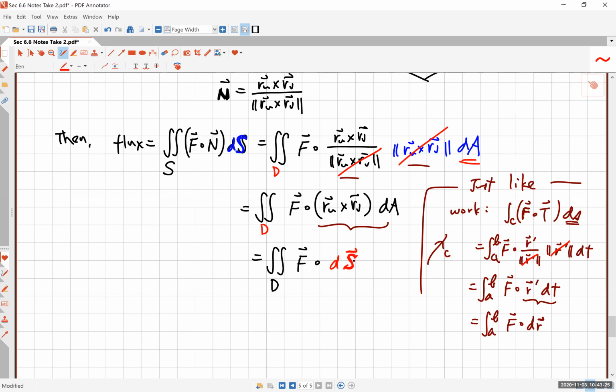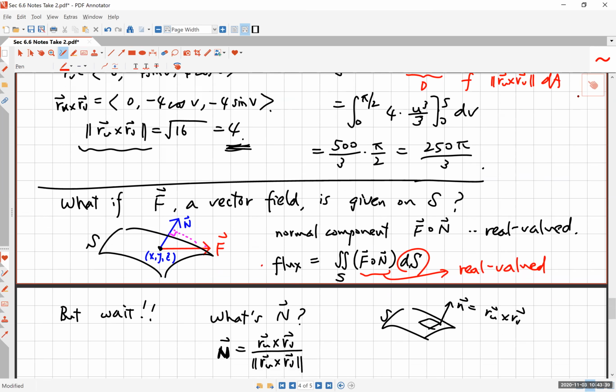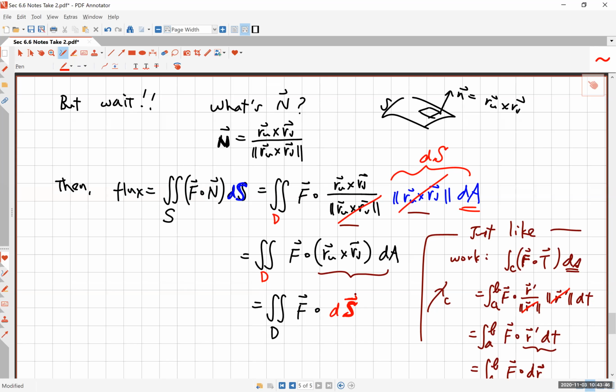The book actually uses this notation where this S is in bold, and sometimes they mix this up with the regular ds. Now, remember, we had ds here, and that ds is exactly this. And so this ds is different from ds with an arrow on top of it, because that is RU cross RV. So we're not going to make a big deal out of it.